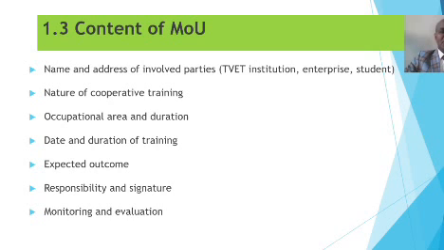Another issue to put there is the nature of cooperative training. It should also comprise the occupational area and duration. It should also consist of the date and duration of training, expected outcome, responsibilities of each party, signature, monitoring and evaluation. These are some of the issues that should be considered when we talk about the MOU.